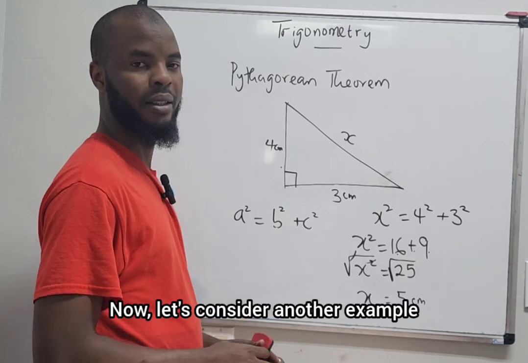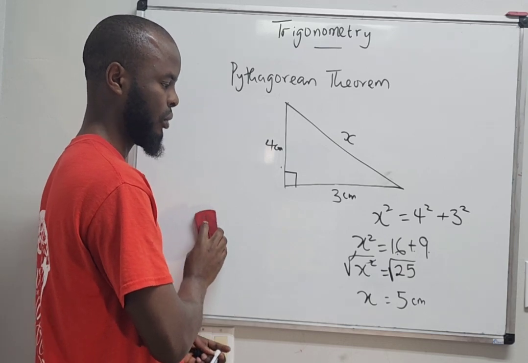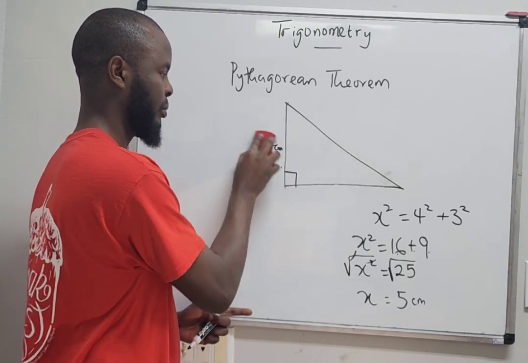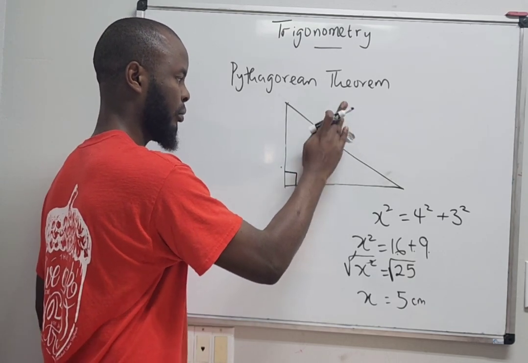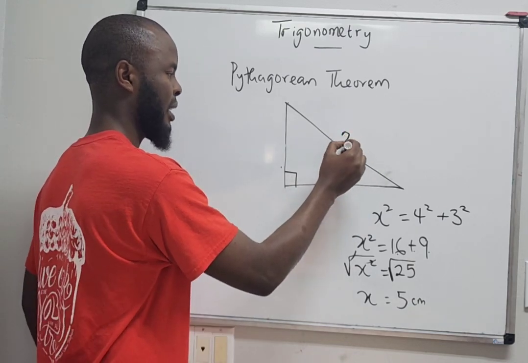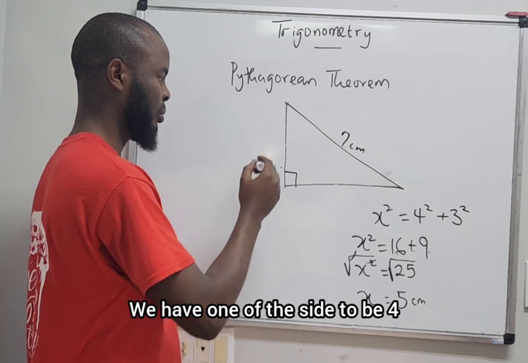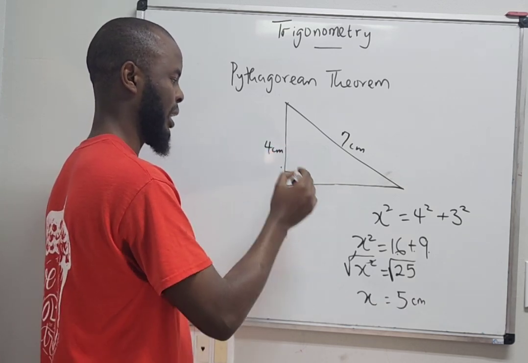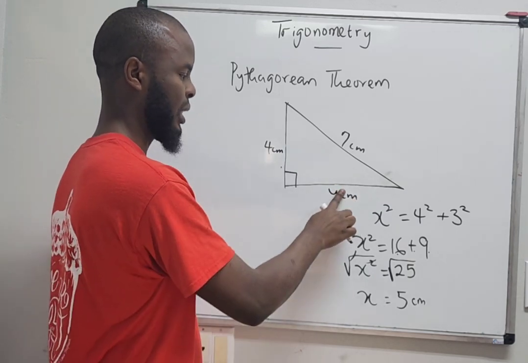Now let's consider another example. Another example is this. What if we have the hypotenuse to be 7 centimeters. We have one of the side to be 4 centimeters. And what about the other side? What is y?